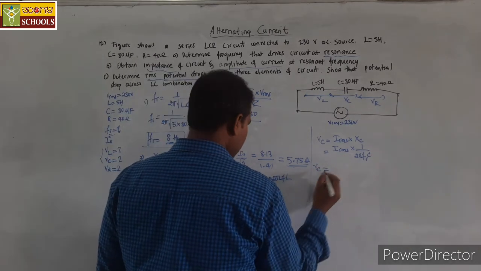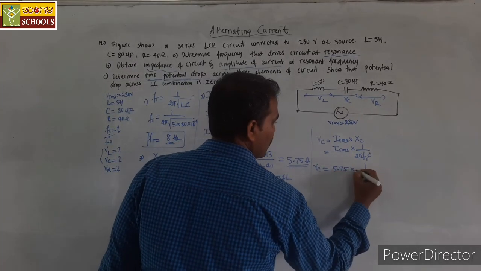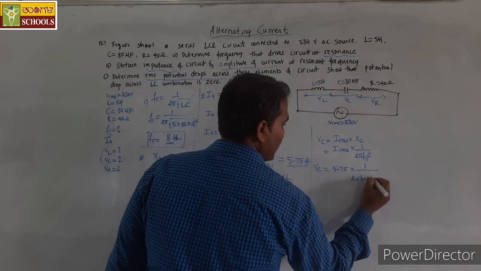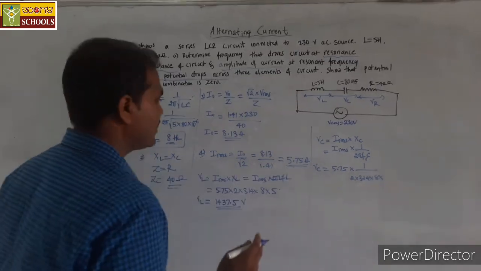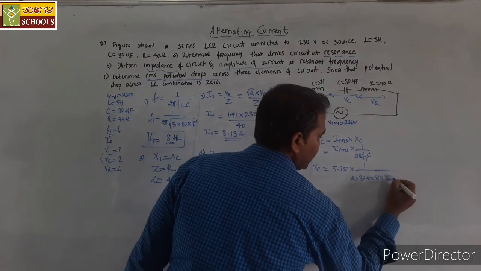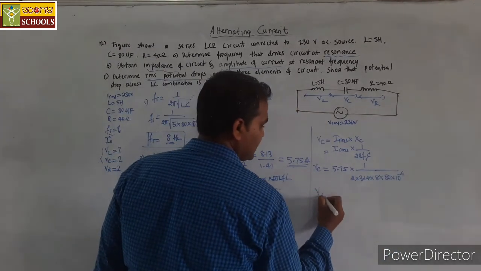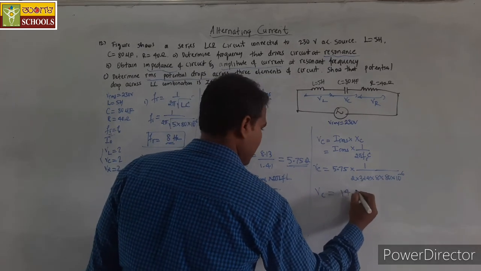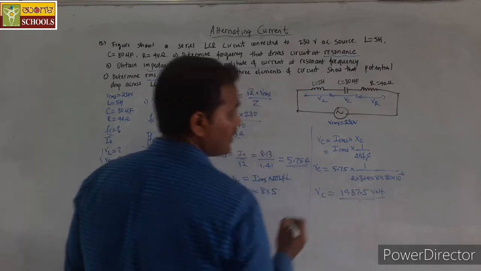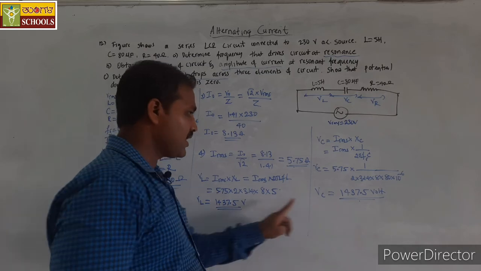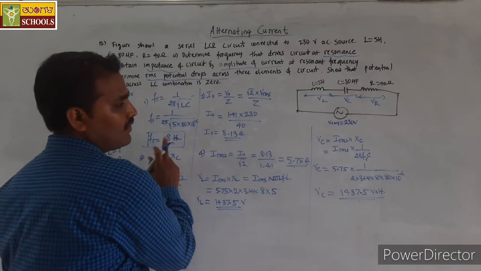So VC is equal to I RMS, 5.75, into 1 divided by 2 into 3.14 into FR, which is 8, into C, which is 80 microfarad, that is 80 into 10 to the power of minus 6. Simplifying this, I get VC equal to 1437.5 volt. We can see both VL and VC are equal to each other. That is why we are getting the resonant frequency FR in this case.